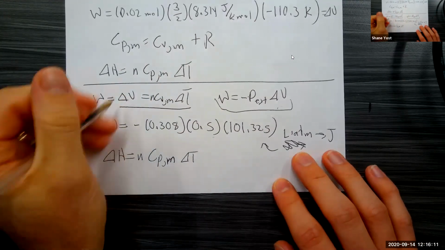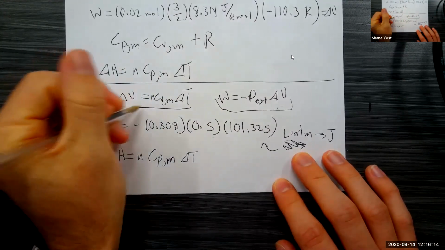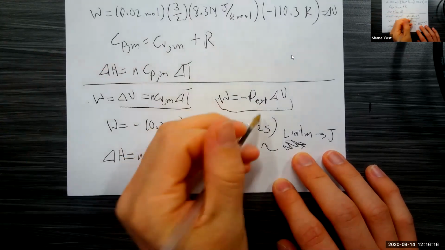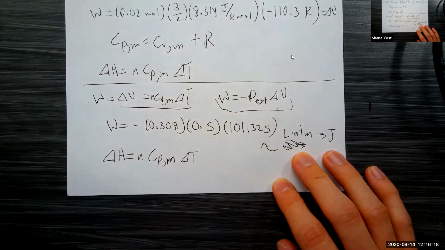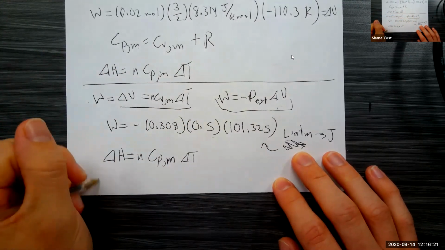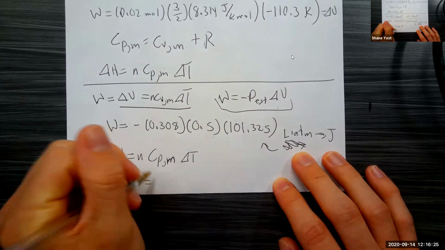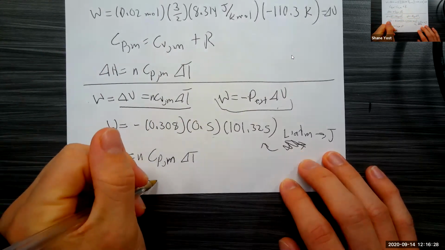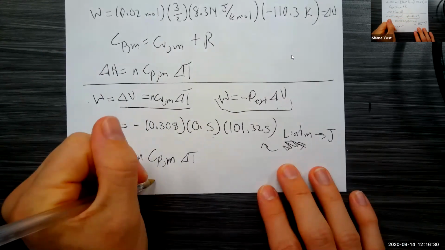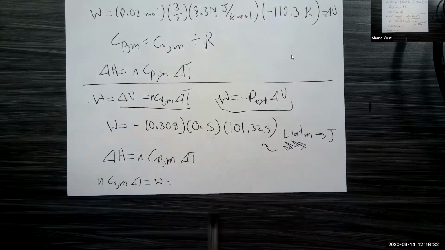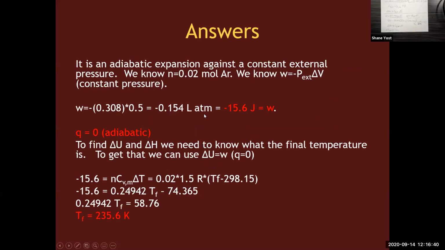But I know delta U is equal to n C_V,m delta T, and it's also equal to work, which is equal to minus P external delta V. So n C_V,m delta T equals my work, which was minus 15.6 joules.